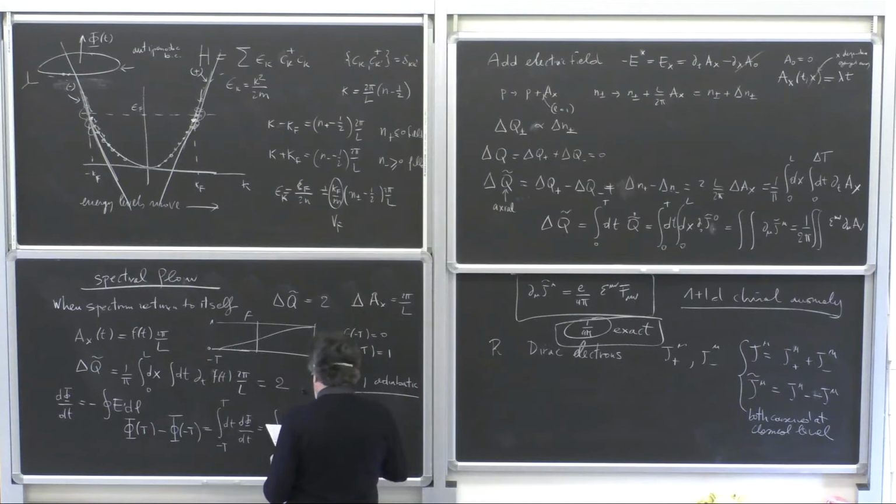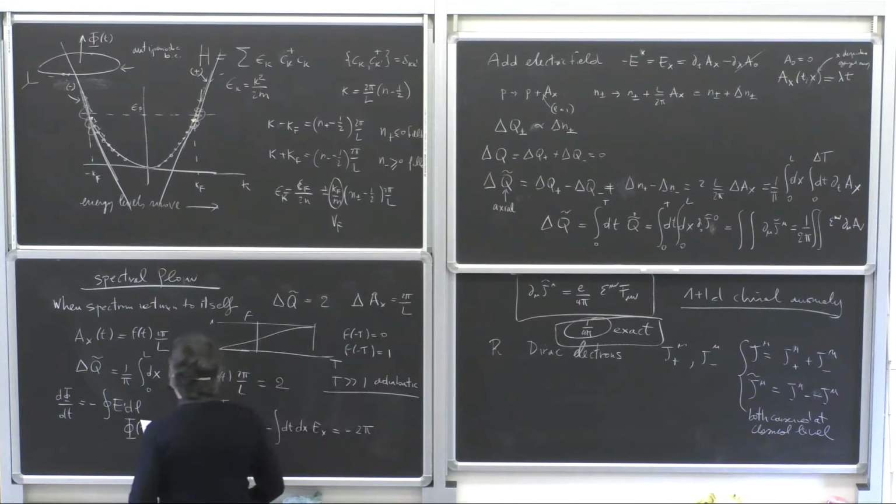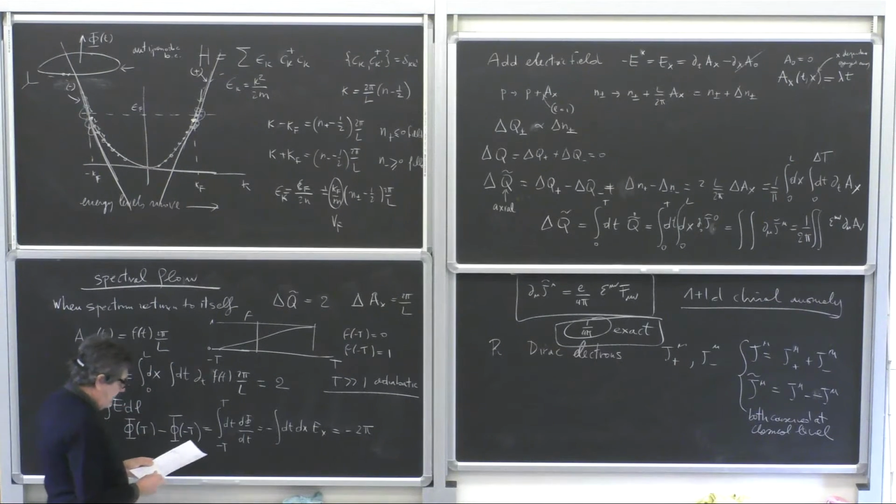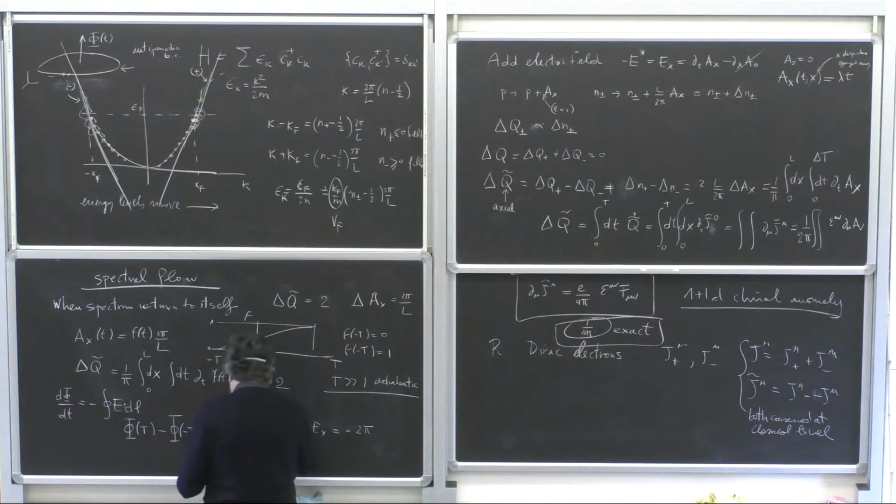And this is equal to minus 2 pi because it is the same integral. And so you get 2 pi.